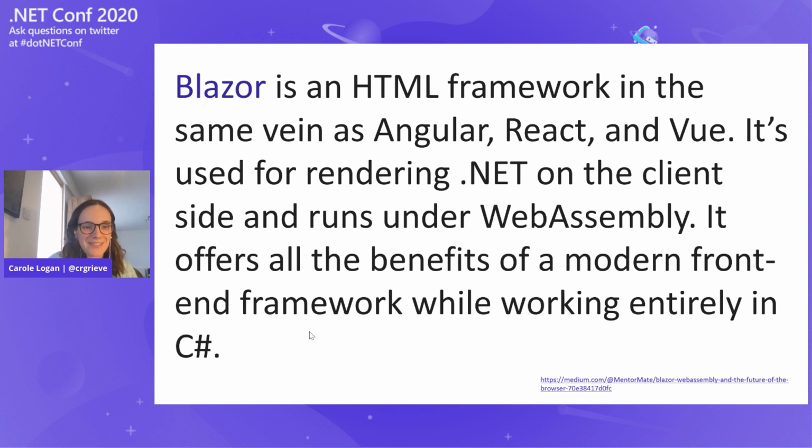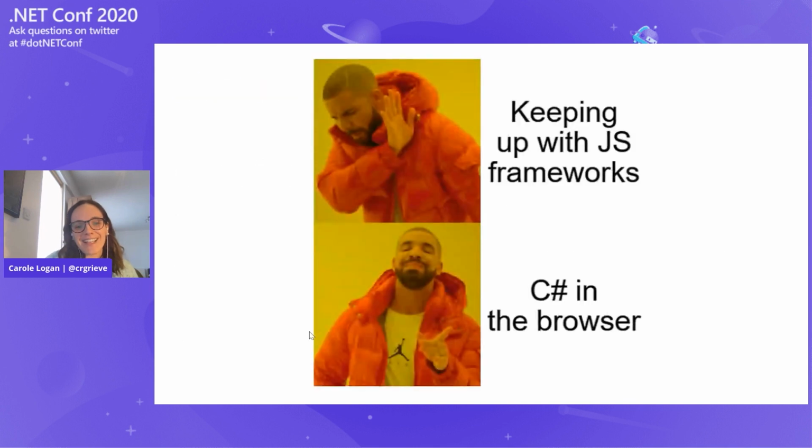The bit that really got me as a .NET developer was this part here. It offers all the benefits of modern front-end frameworks while working entirely in C#. That entirely in C# bit had me a bit like Drake here. It's like, yes, I don't have to try and keep up with the latest JavaScript framework, and I can do what I know best, and that's write C#, but have that in the browser.